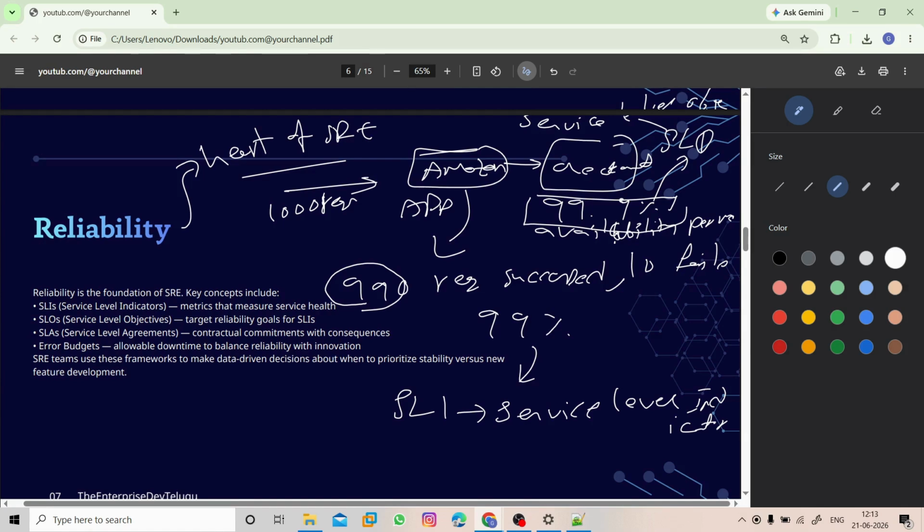And the next one comes with SLA. SLA is a service level agreement. This is the agreement. So what is the agreement? This is a promise made to the customers.